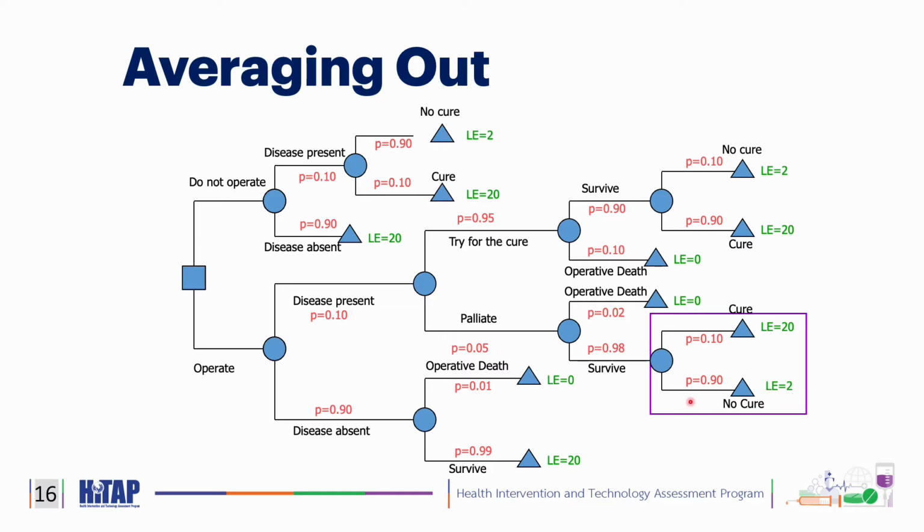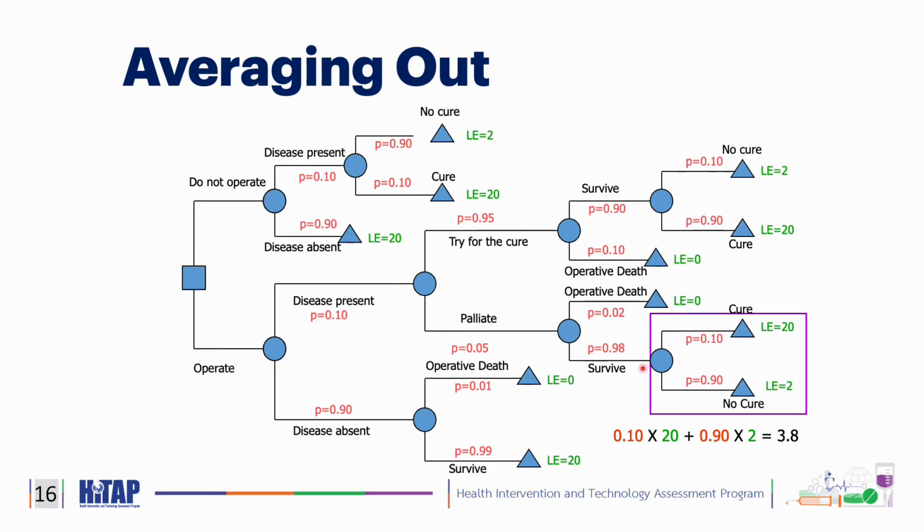So if we would like to compare with the upper node here, we have to average out the little branch here first. So how can we average out? We start by multiplying the probability here, which is 0.1, by the life expectancy of 20, combining with the probability of the patient in no cure multiplied by the life expectancy.